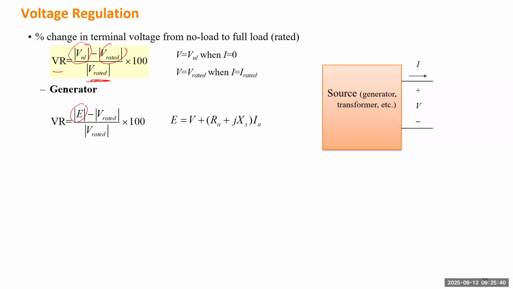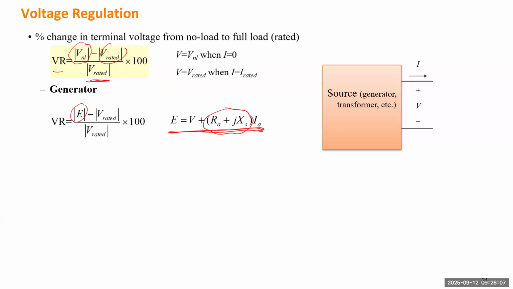So the relationship can be seen from here. E is the internal voltage and V is the terminal voltage, and the voltage difference is generated by this internal impedance. If this internal impedance can be ignored, E is basically equal to V. But depending on how the generator is designed, there will be some internal impedance.